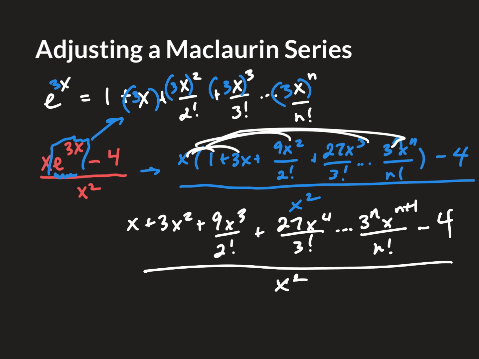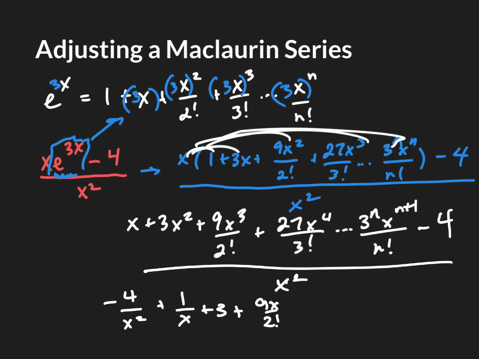And now you could start lining up your terms, because a lot of times we like the terms to go from smallest power of x up. So we have a negative 4 at the very end that would be divided by x squared. We've got an x divided by x squared from the front. We've got a 3x squared divided by x squared. We get that 9x cubed, so that would be 9x over 2 factorial.